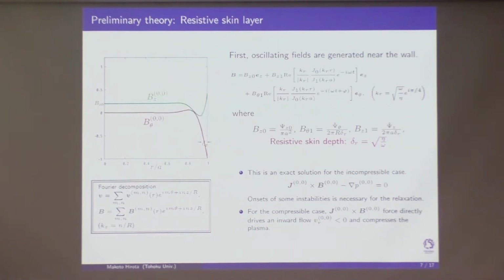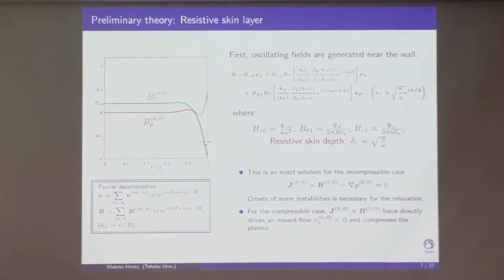And as a preliminary theory, we can expect what happens when we apply AC voltage. First, we can obtain this exact solution, which represents the so-called skin effect. Because we are applying AC voltage at the boundary, first magnetic diffusion occurs near the boundary.